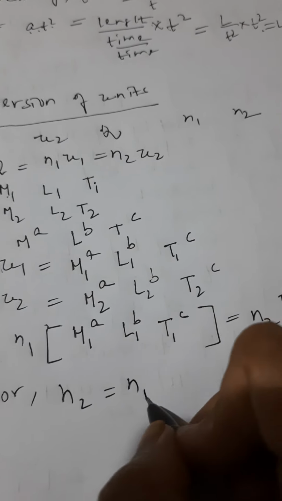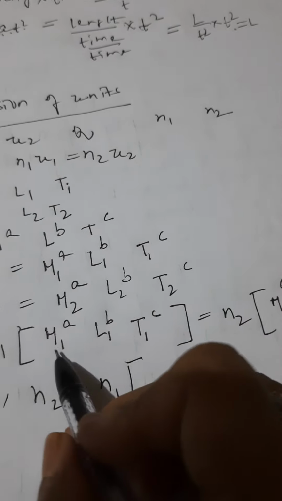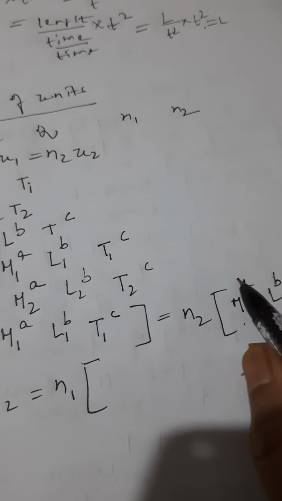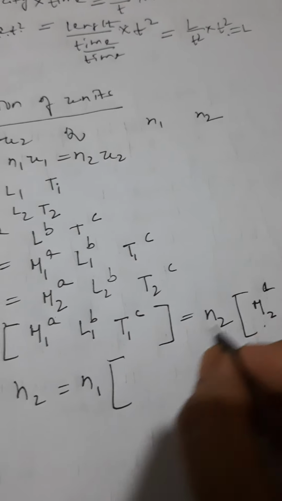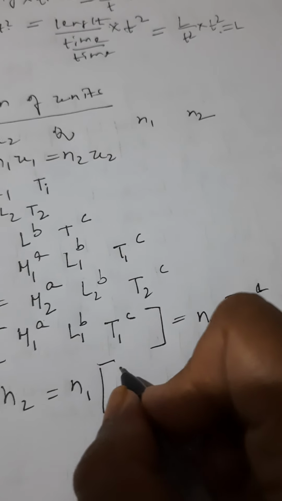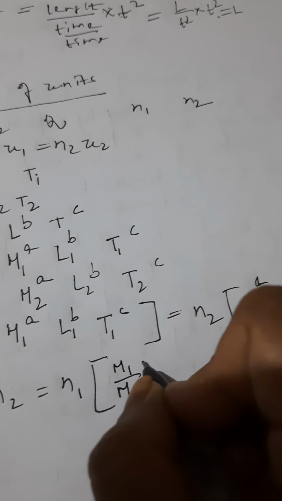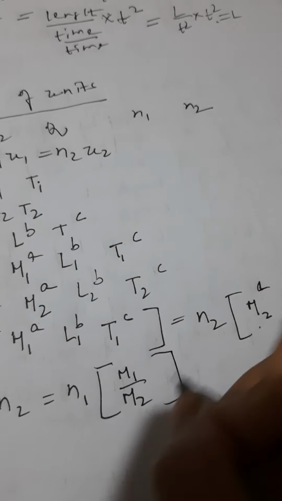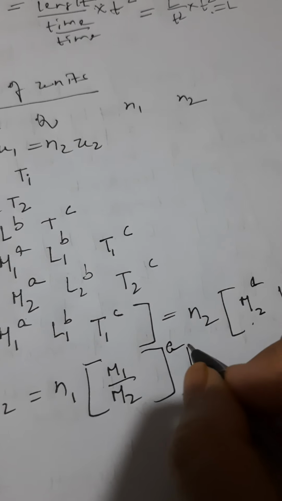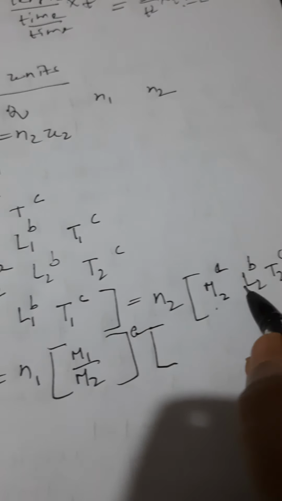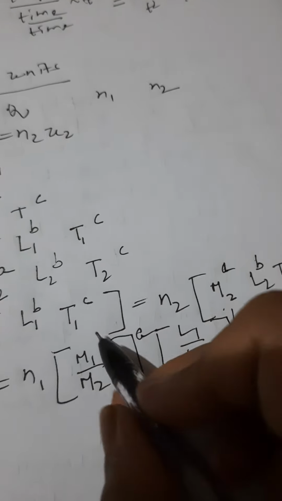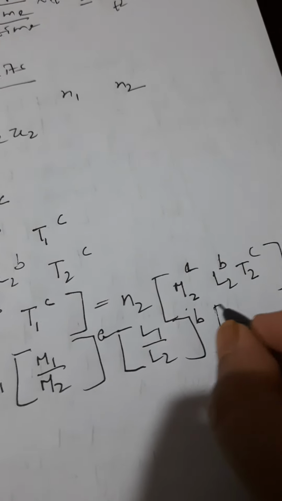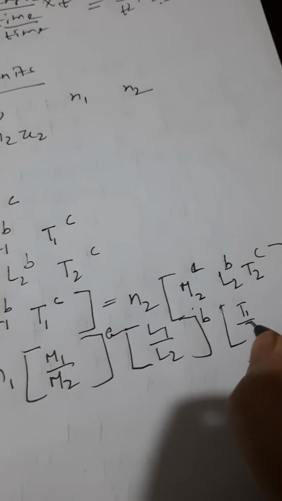Or N2 is equal to N1, with M1 to the power a and M2 to the power a. So dividing this we get M1 by M2 whole to the power a, likewise L1 by L2 whole to the power b, T1 by T2 whole to the power c.